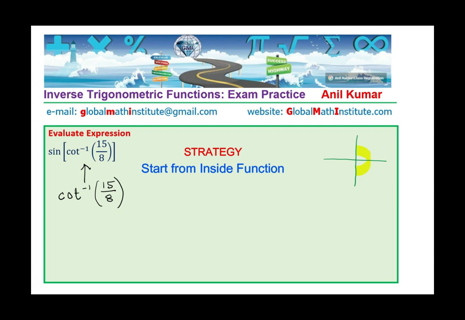So the idea is to construct the triangle related to the sides mentioned. Cot, as you know, is base over opposite side. So base is 15, and so make your triangle. And in this triangle, we're talking about this angle theta.